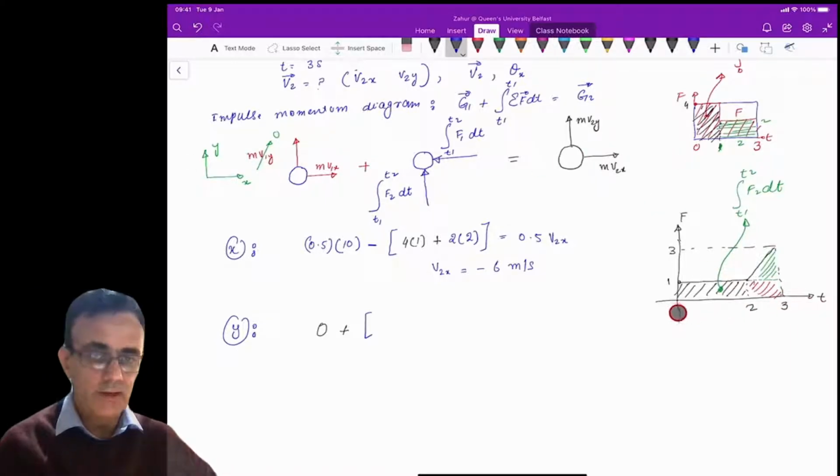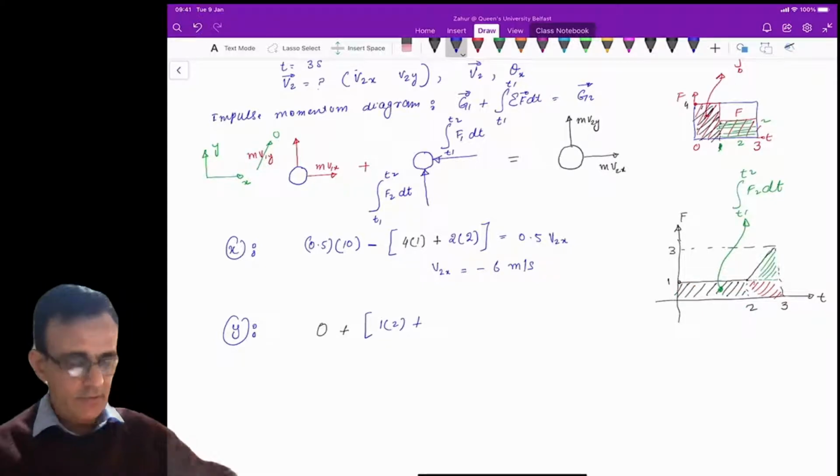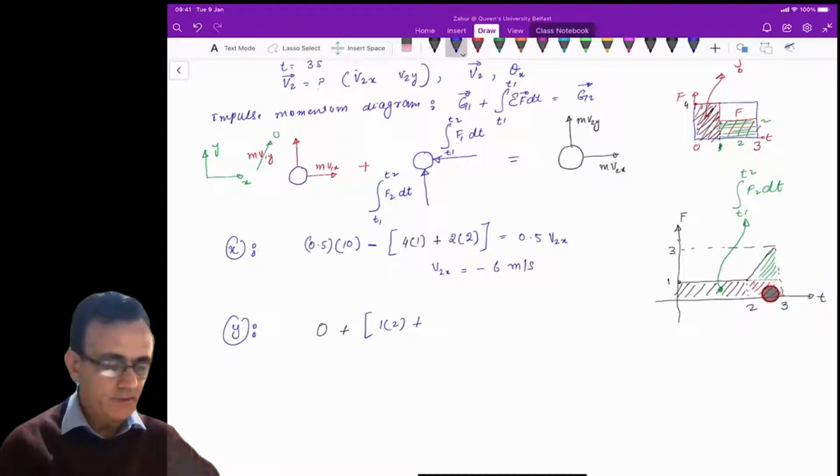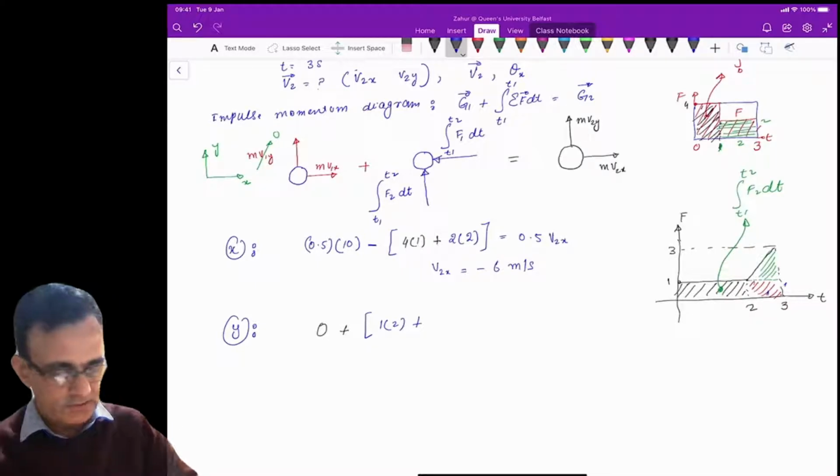So one is the area of this black triangle, which is 1 into 2, and then the area of this small triangle here, which is from 2 to 3, where 1 is here and 1 is here. So again, it's going to be 1 by 1.